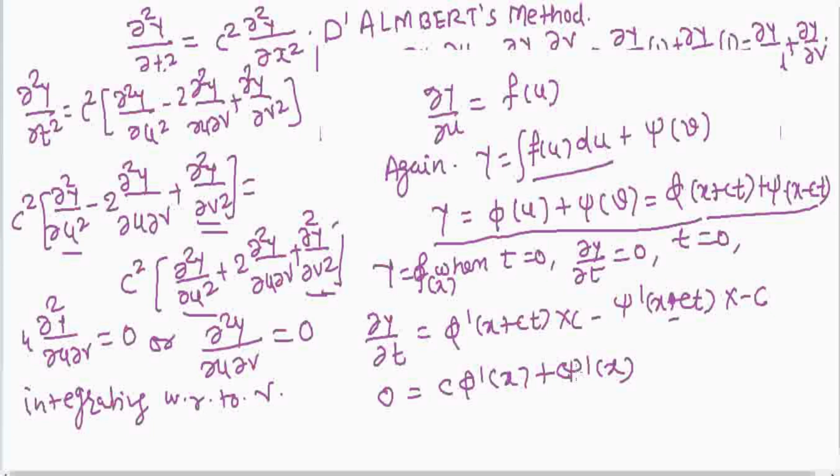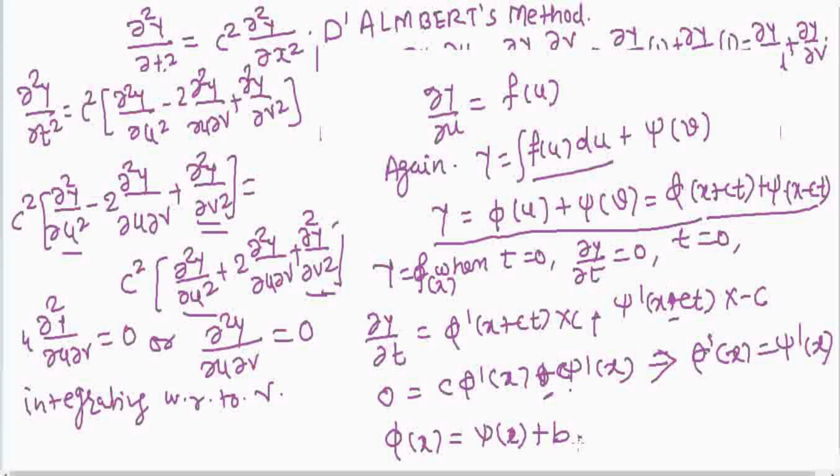Okay, so we have phi dash, this is plus, and this will be minus, right, minus c. Then you can see that c is not 0, so phi dash of x equal to psi dash of x. Integration gives us phi of x equal to psi of x plus an integrating constant b.